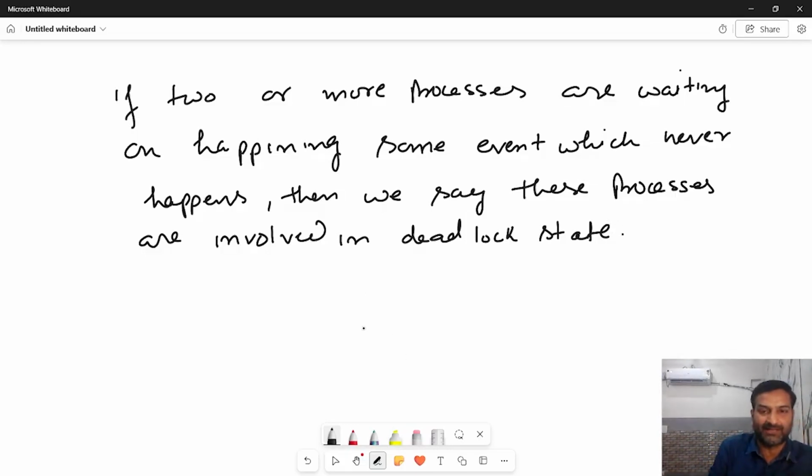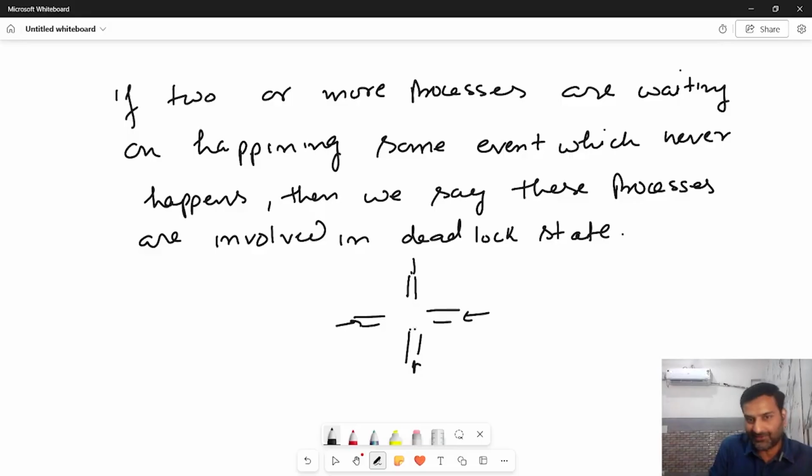To understand this in a better way, just see, something like in the real world we can understand it. Suppose the vehicles are coming from this side, this side, as well as from this side.